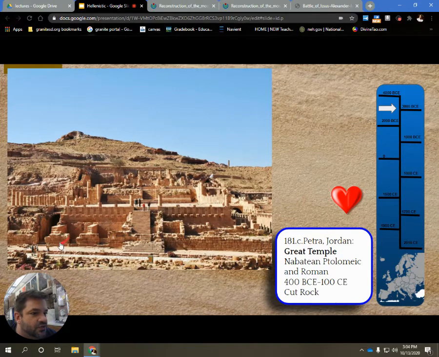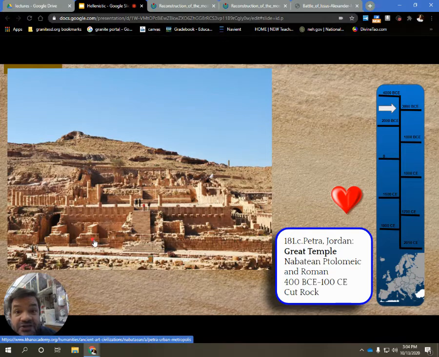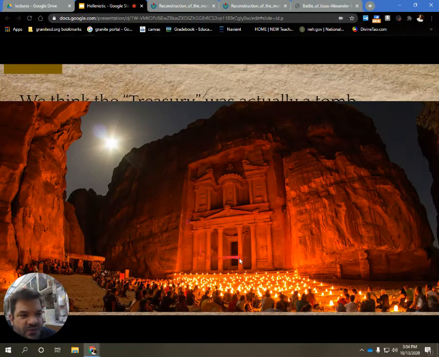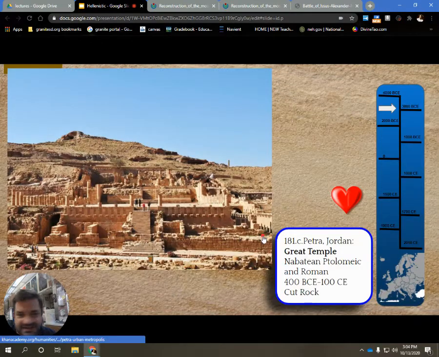Now we've got this called the Great Temple. We don't actually know what the Great Temple is used for. Oh, P.S. We think that this was a tomb. We don't know if the Great Temple was a temple or an administrative center, we're not sure.